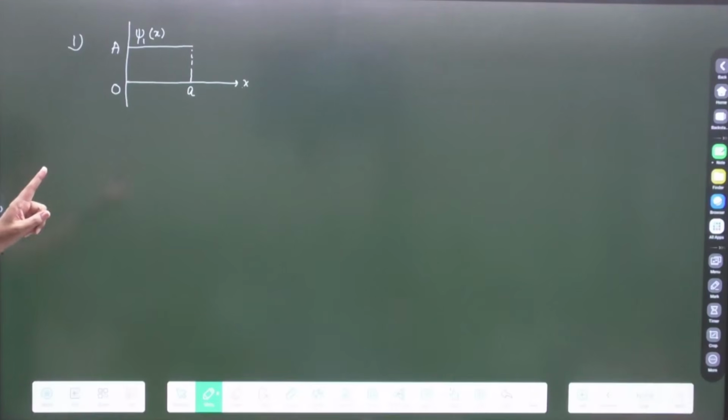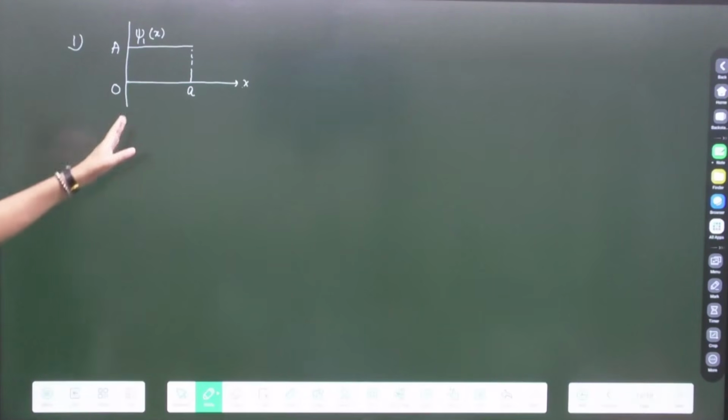Within the range, 0 to A. देखो, in between 0 to A, it is single valued. At every point, it is having a single value. Second, it's finite at every point. ठीक है, constant है, constant is a finite number.